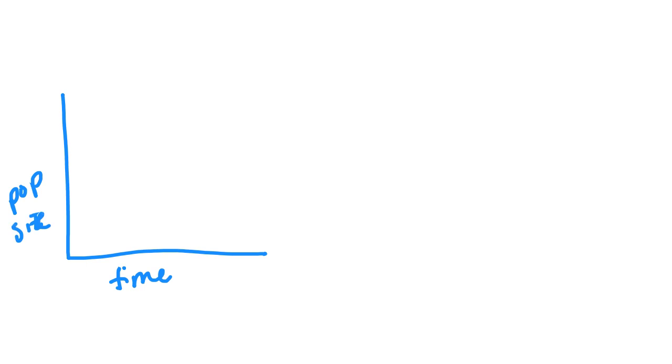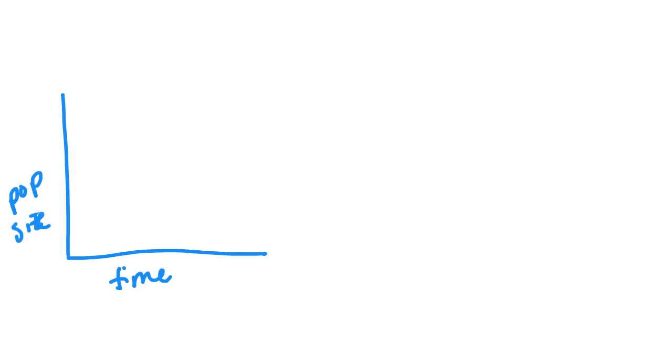So some things to keep in mind, and I'm going to go to a whiteboard here now and start explaining some of these concepts. In general, populations can grow or shrink. So if this is time here, and this is our population size, a population size can just grow over time.